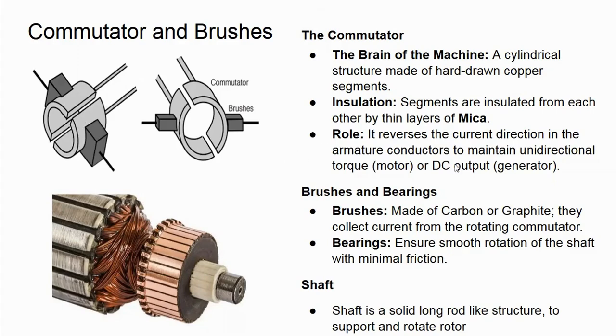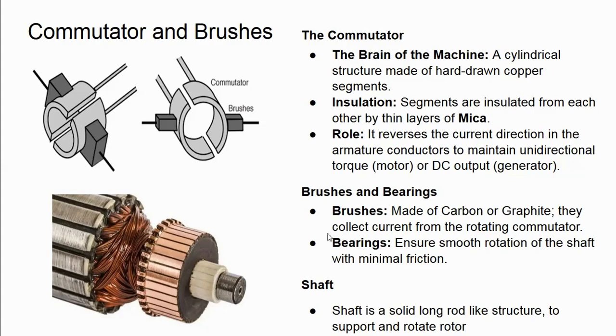And in case the machine is acting as a motor, it will maintain the unidirectional torque. Then we will also have the brushes which are placed on the commutator. The purpose of the brush is to collect the current from the rotating commutator and distribute the current to the external circuit if it is a generator, or supply the current to the commutator from the external voltage given as the input to the armature.